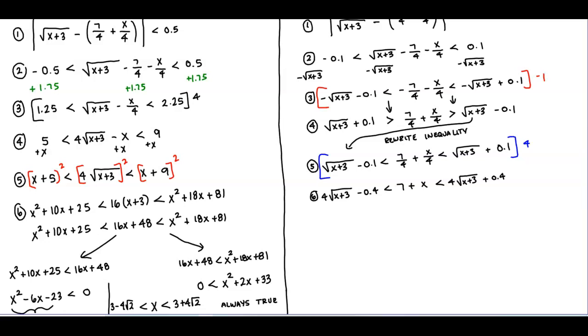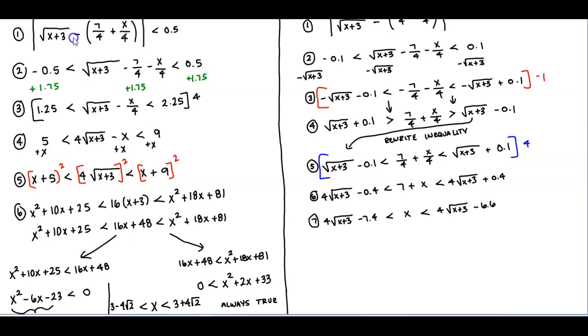Okay, so now we're going to subtract 7 from both sides. So we have 4 times the square root of x plus 3, and that's minus 7.4, which is less than x, which is less than 4 times the square root of x plus 3, and minus 7 plus 4 is going to give us negative 6.6.